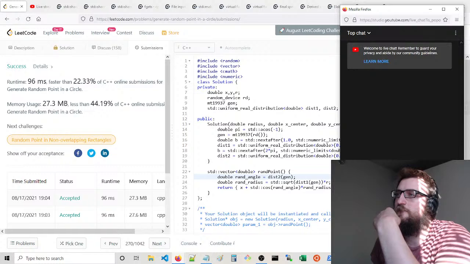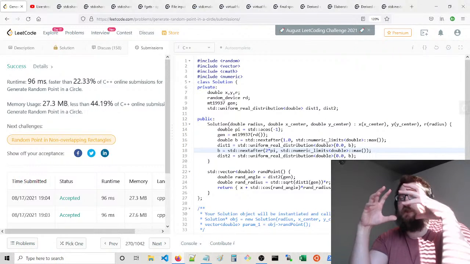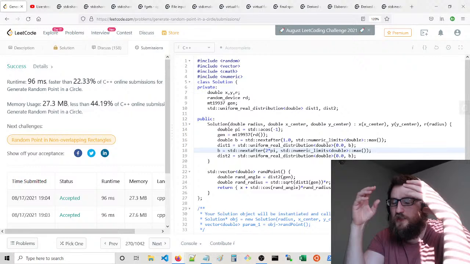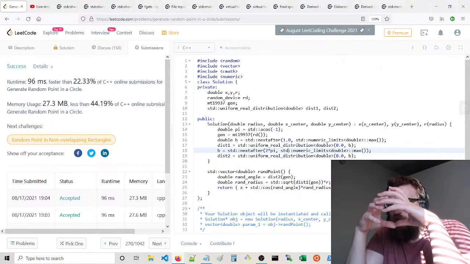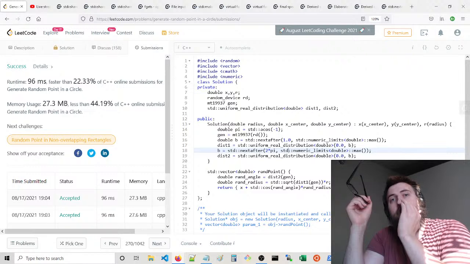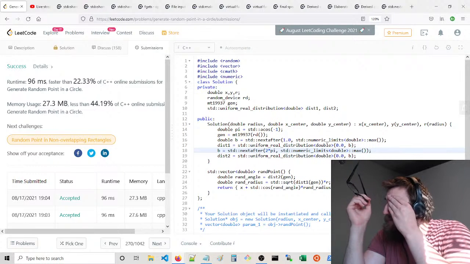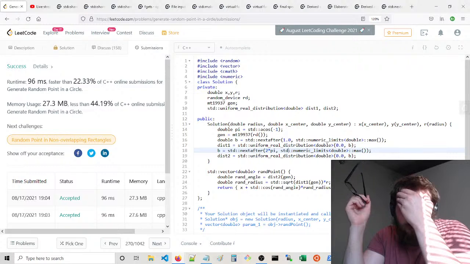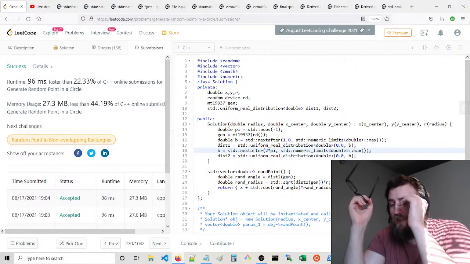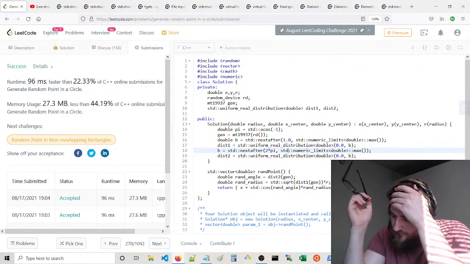As it turns out, the issue is that in a circle, the probability of a random point being less than a particular radius is quadratically proportional to the radius in question, not linearly, right?